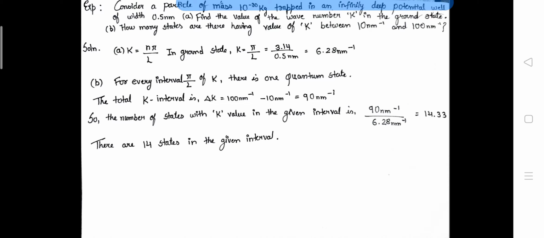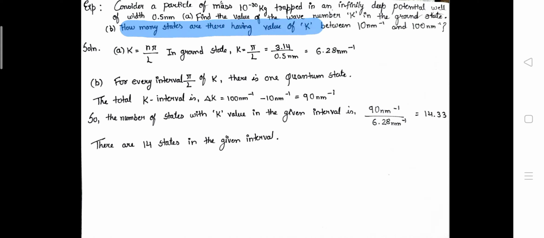So first we have to find the value of the wave number k in the ground state, and second we have to find how many states are there having the value of k between 10 nanometer inverse and 100 nanometer inverse. As we know, the unit of wave vector is nanometer inverse.